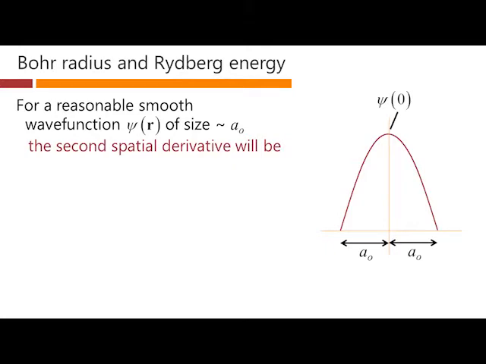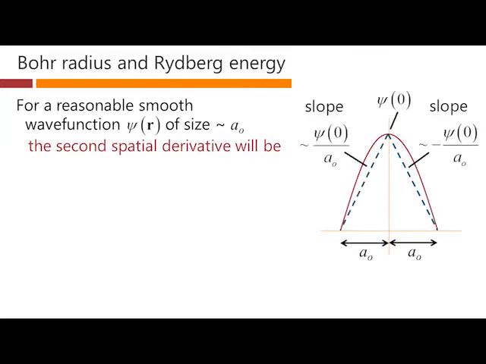The second spatial derivative, just considering this one dimension, is really the difference in the slope of this line minus the slope of this line. That's roughly how much the first derivative is changing from one side to the other of this function, divided by the distance over which that change takes place.